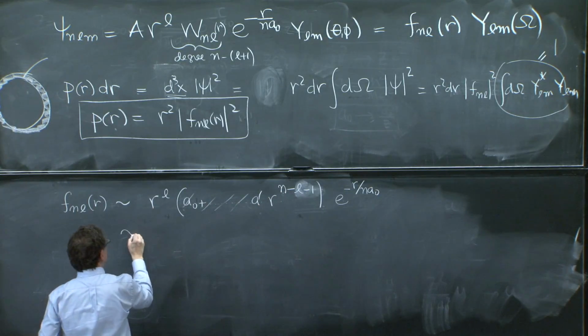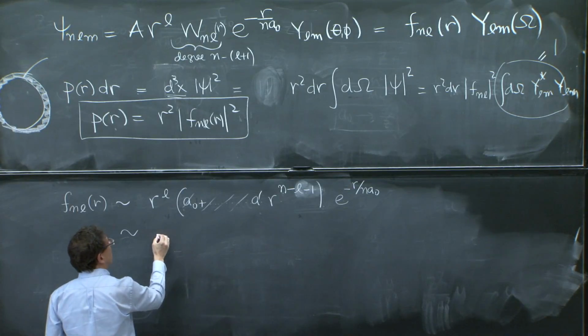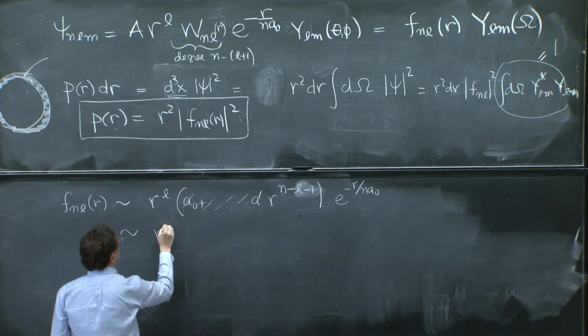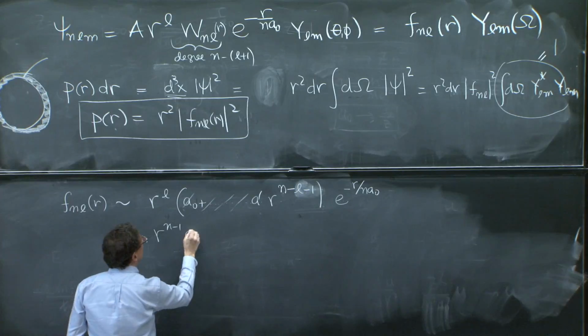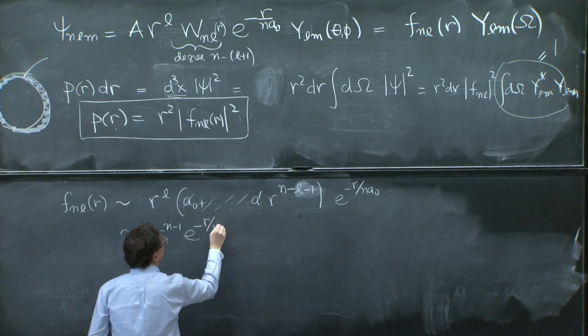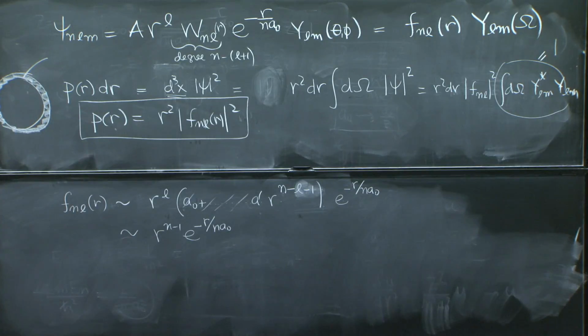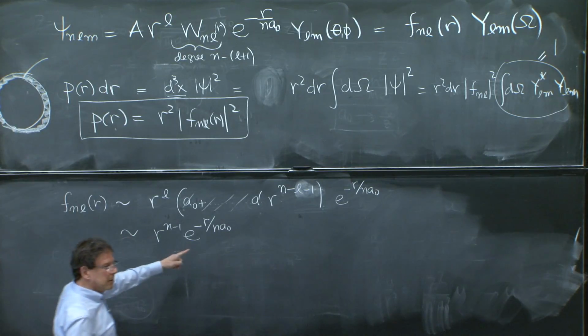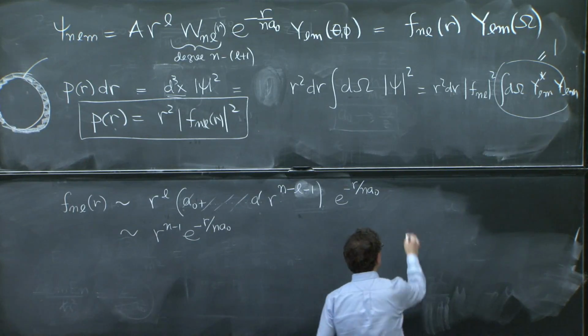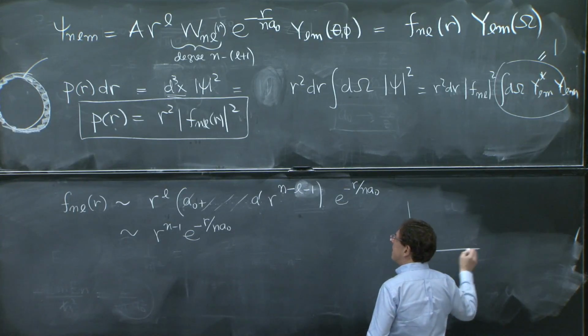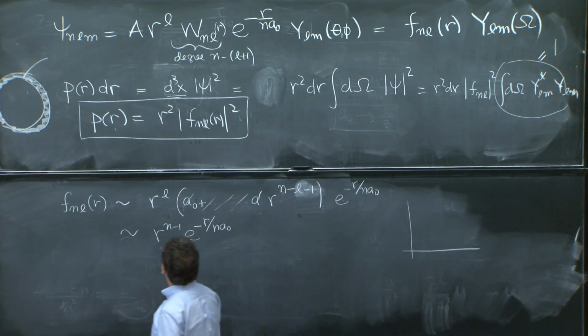So let's take this to be proportional to r to the n minus 1, e to the minus r over n a0.